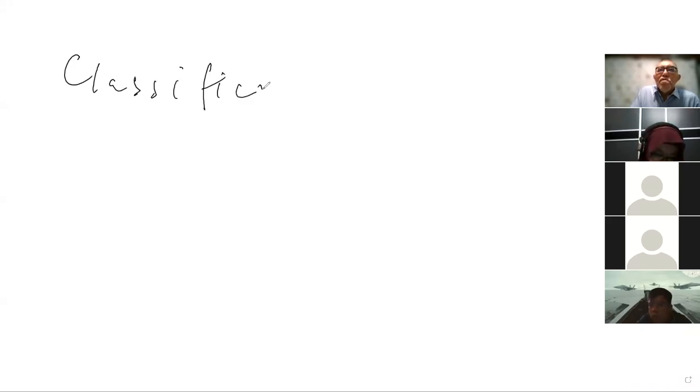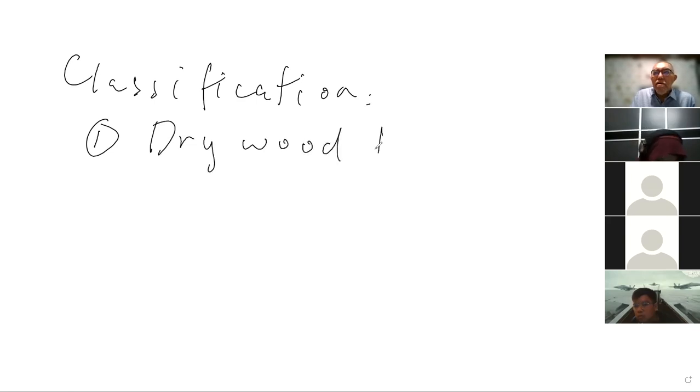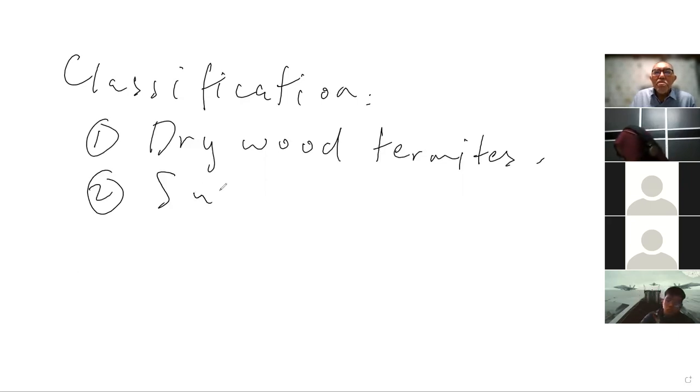There are a number of families that we would like to consider in this course. Okay, number one is called the dry wood termites. Number two is called the subterranean termites.